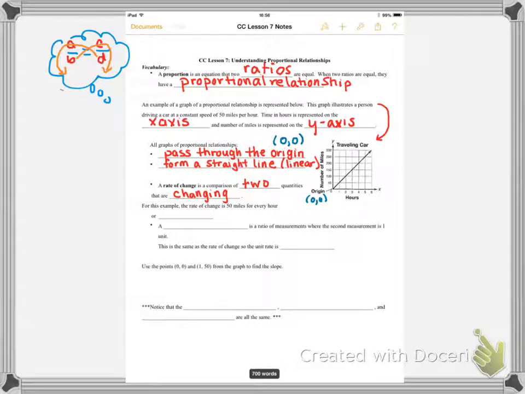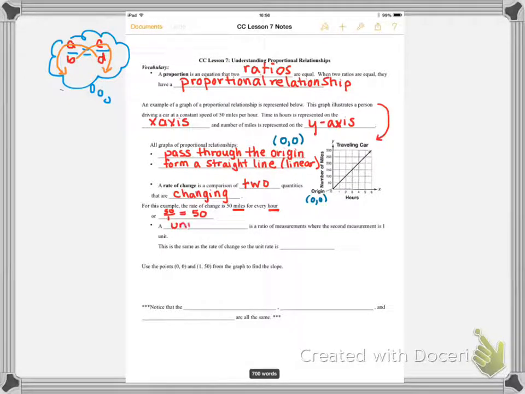So we have two quantities, miles and hours, and they are both changing. The miles are increasing and the hours are increasing, so they are changing as we look at the graph. For this example, the rate of change is 50 miles for every hour, and so we can write that as a fraction, 50 over 1, which is equal to 50.